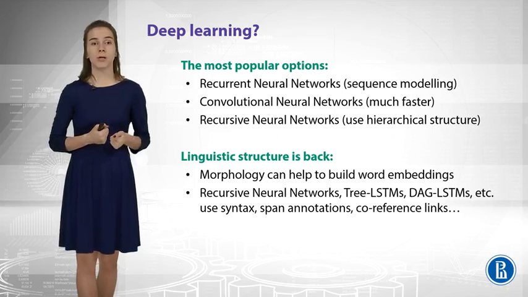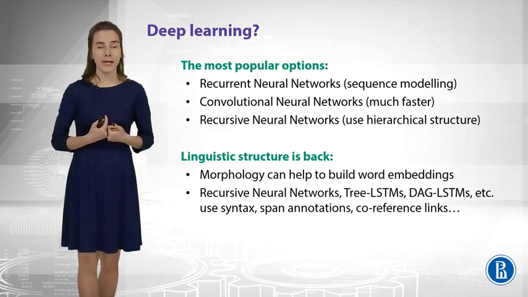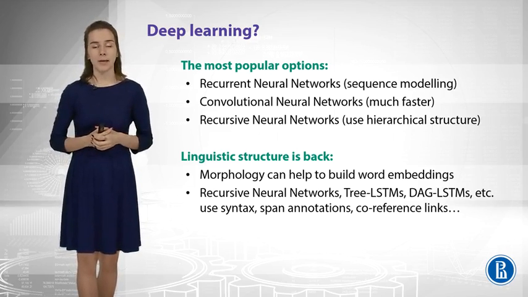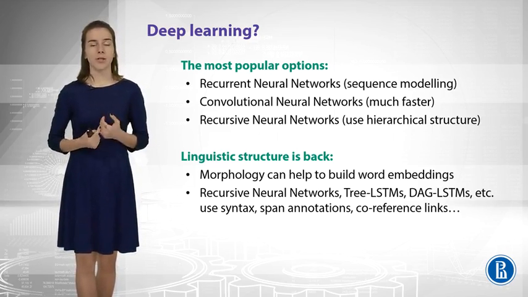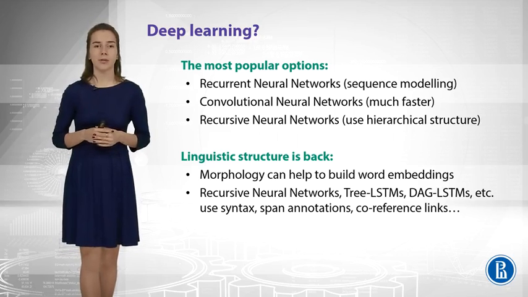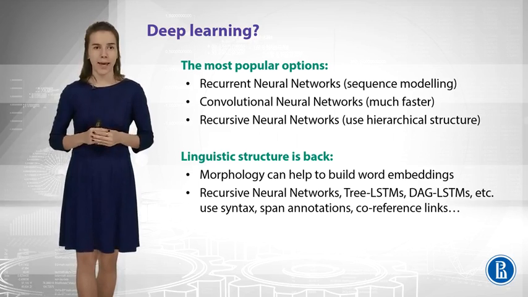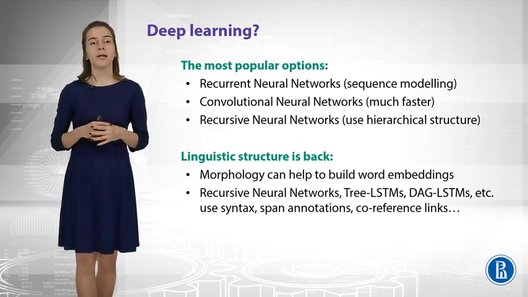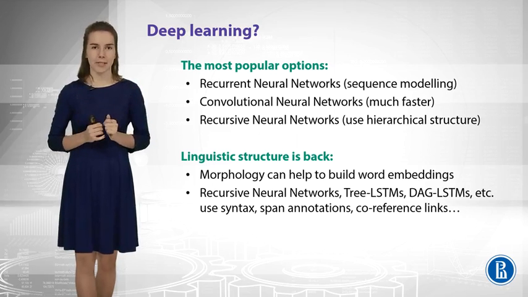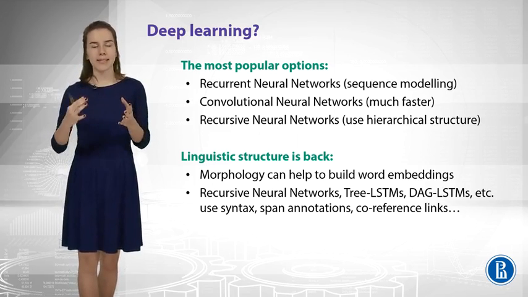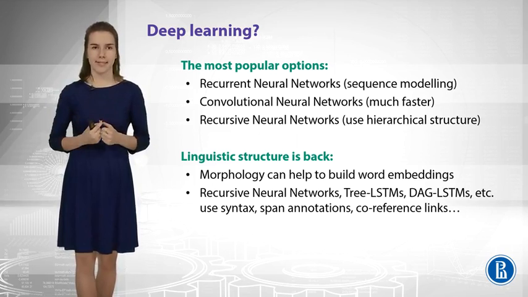One trend would be obviously recurrent neural networks that are popular in NLP. Another would be convolutional neural networks that are actually much faster than recurrent neural networks, so it seems like a super promising approach. And the third one would be recursive neural networks, or so-called tree LSTMs, or directed acyclic graph DAG LSTMs.